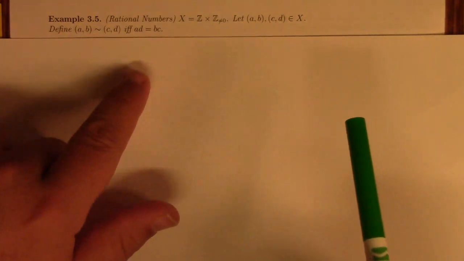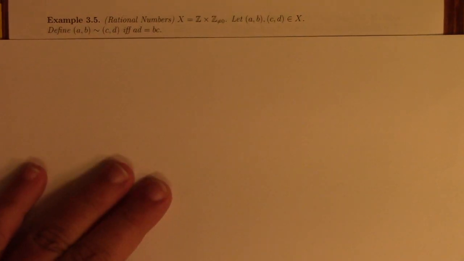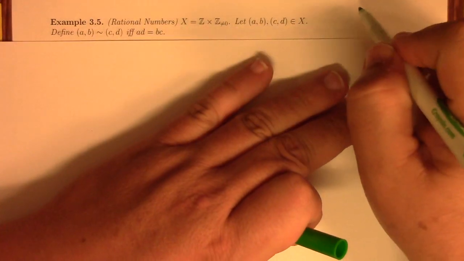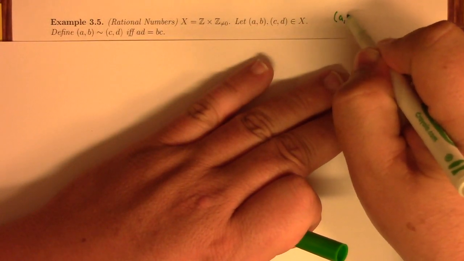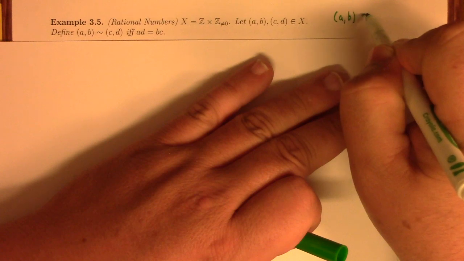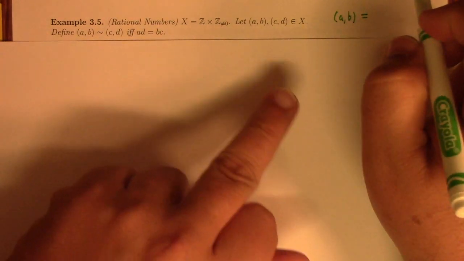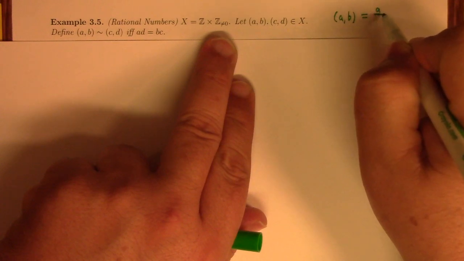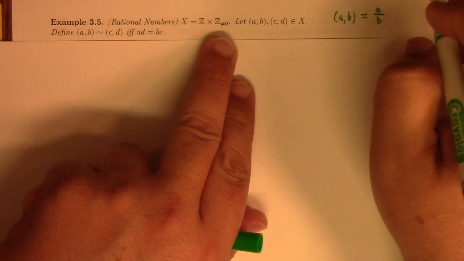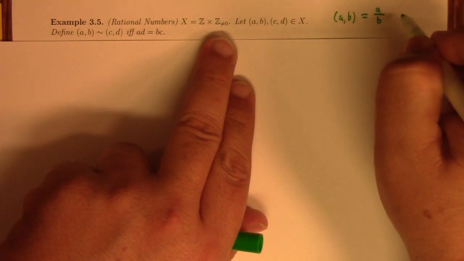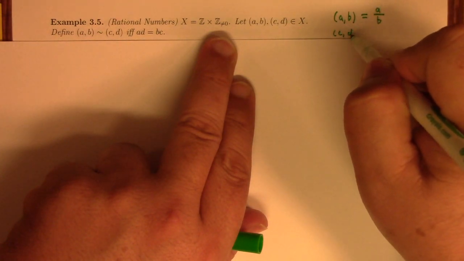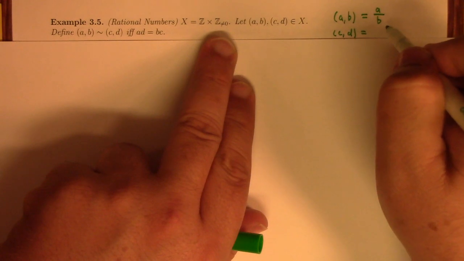I'll just tell you what the man behind the curtain is here, so to speak: you can think of (A, B) as basically being a model for A over B, since the second component here is non-zero. And likewise, (C, D) is basically modeling C over D.